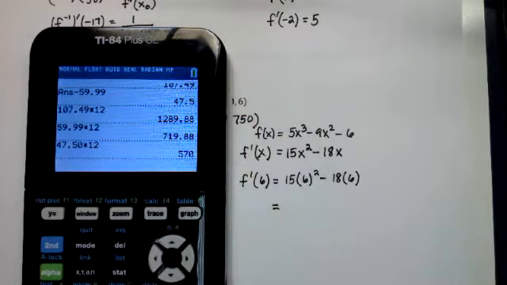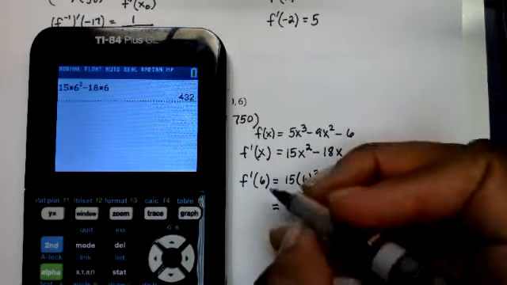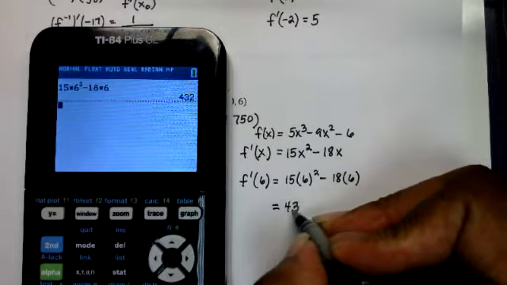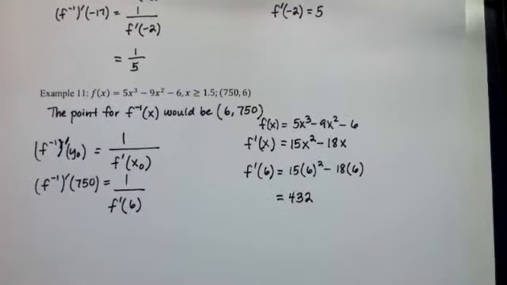I do 15 times 6 squared, minus 18 times 6, and that would give you 432. So f prime of 6 would be 432.